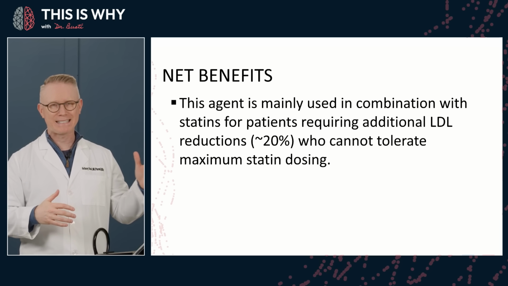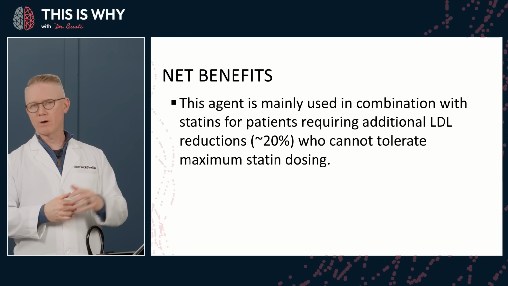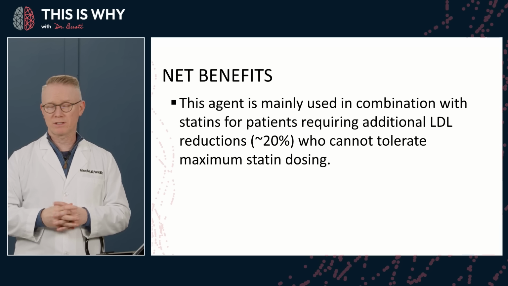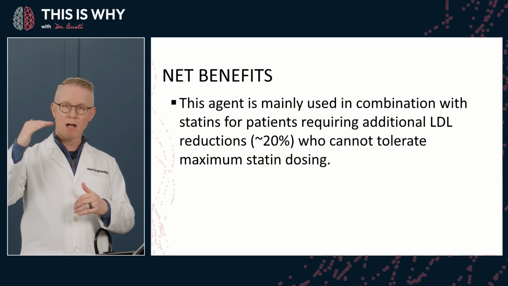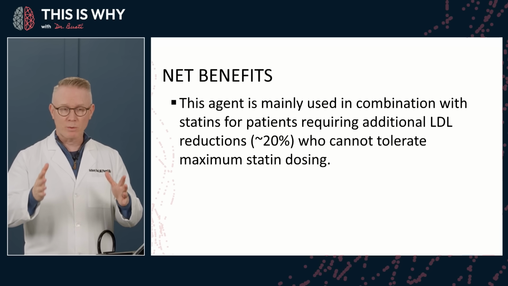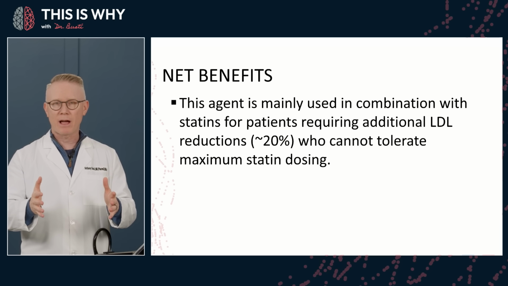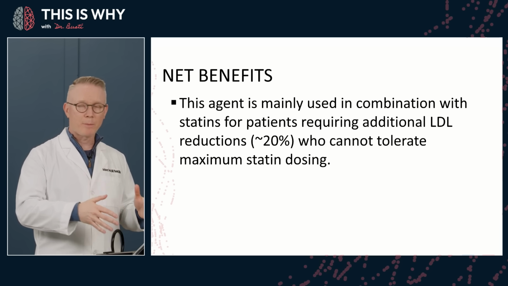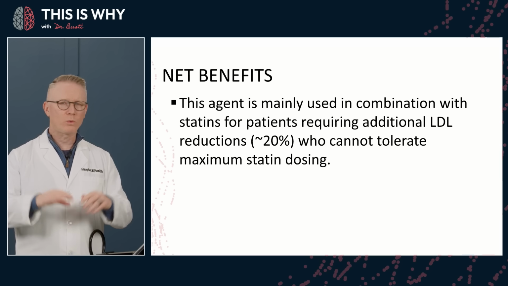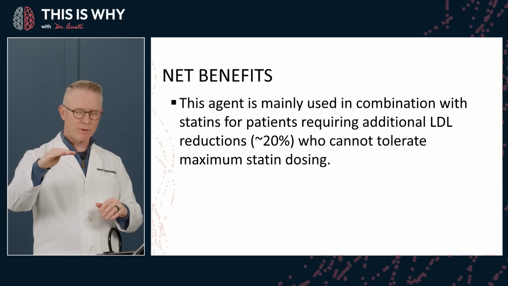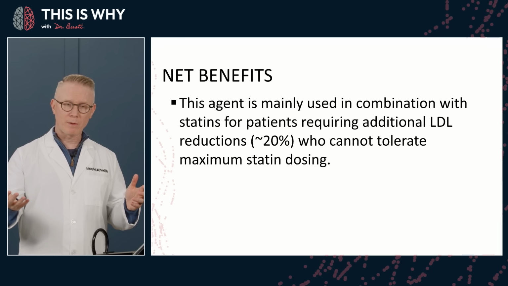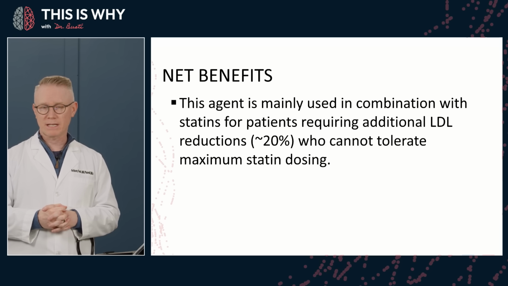You also saw the ACL inhibitor, bempedoic acid, which works in the same pathway of cholesterol biosynthesis that the statins do, just higher up, before HMG-CoA reductase. But the benefit here is that we can add on ezetimibe to statin therapy and get roughly an additional 20% LDL reduction in patients who are on either maximum tolerated statins or other lipid-lowering drugs and that's all they can take, right?